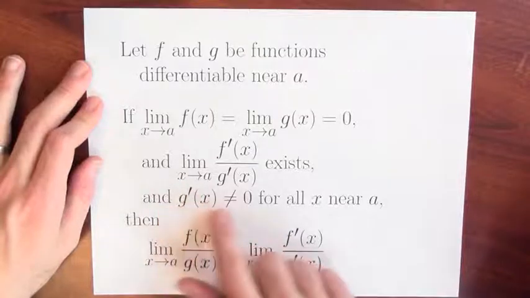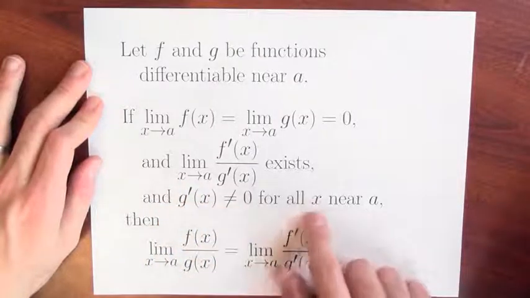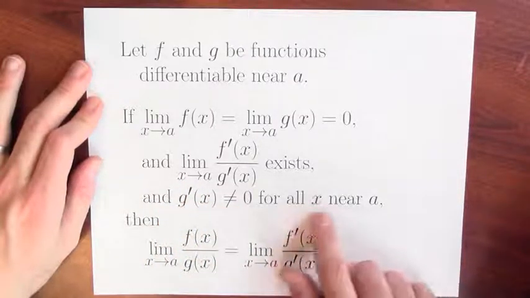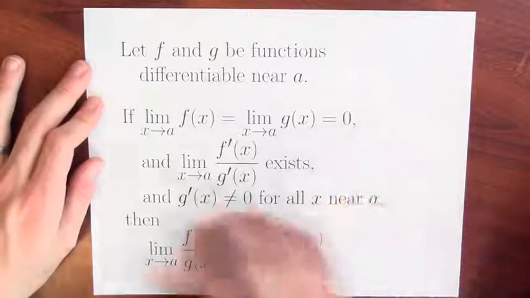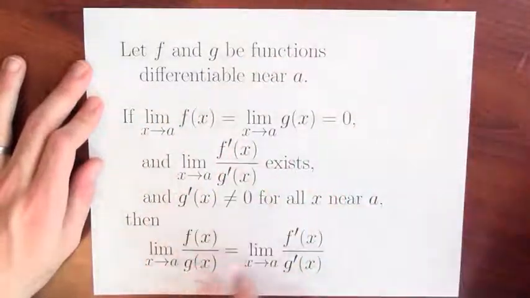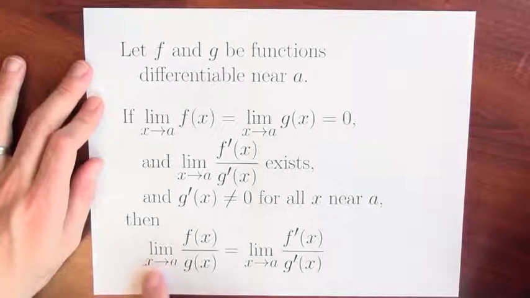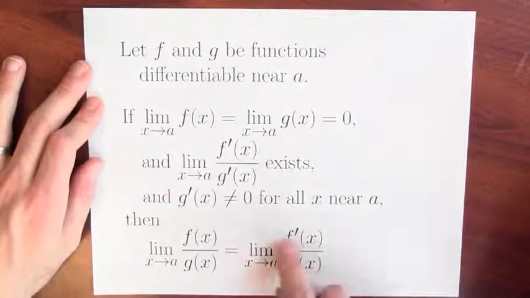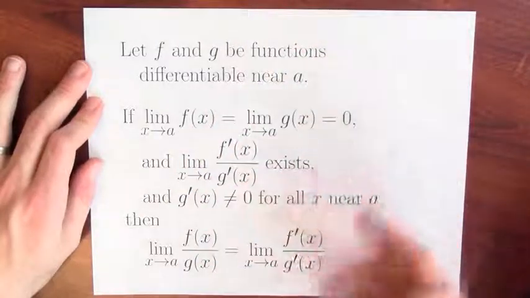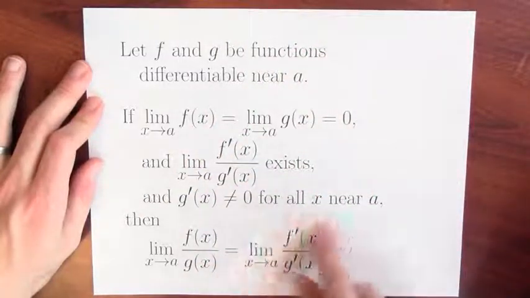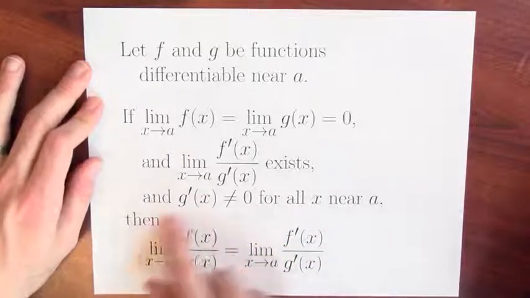And the derivative of g is not 0 when I evaluate that derivative for inputs near a. If all of these conditions are true, then I get the fantastic conclusion that the limit of f of x over g of x is the limit of the derivative of f over the derivative of g. And the hope is that this limit is easier to compute than this original limit.